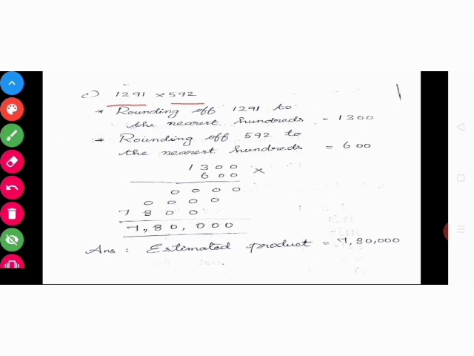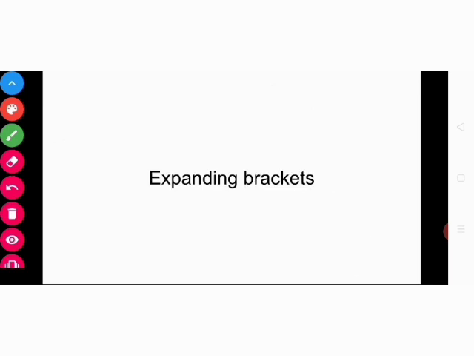Rounding off 1291 to the nearest hundreds: 1300. Rounding off 592 to the nearest hundreds: 600. Then you want to multiply these two numbers. 1300 into 600. Your answer is 7,80,000. Yes.